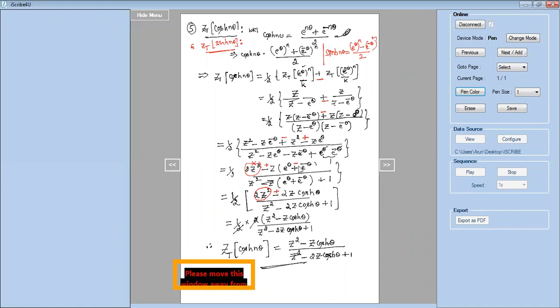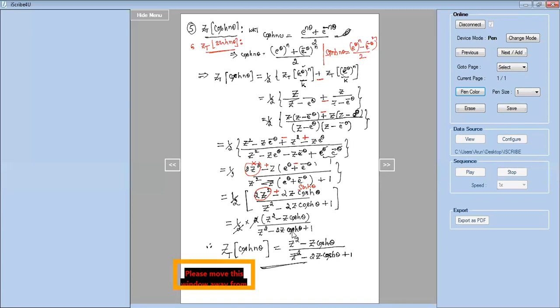And you know e power theta minus e power minus theta becomes 2 sinh theta. And the denominator becomes same. Denominator does not change, only the numerator. So this term becomes plus and this cosh becomes sinh. So I'll write here sinh theta will come, instead of cosh. So here also this term will not come.